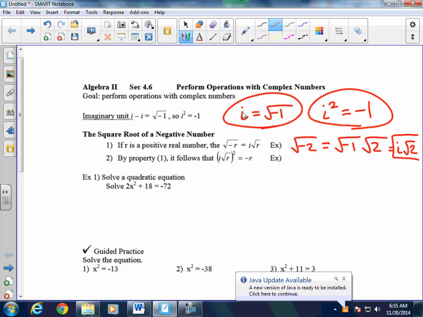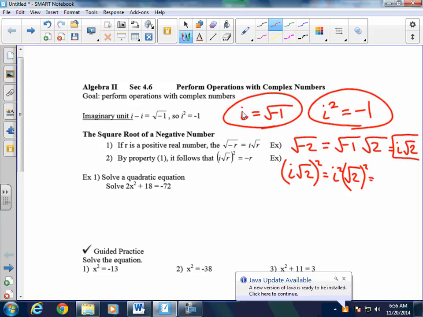And then by property 1, it also follows that i times the square root of r, squared, equals -r. Well, if we look at that, we'll take the same type of problem. We'll say i times the square root of 2, and then we square it. Well, we're going to square everything here. So that means I have to go i squared times the square root of 2 squared.